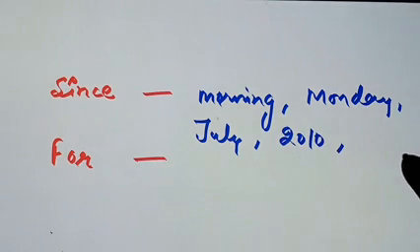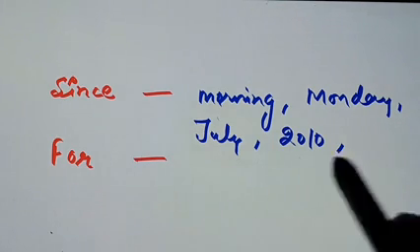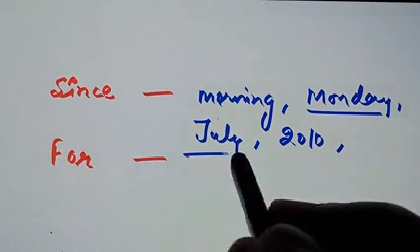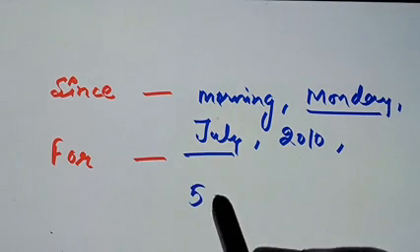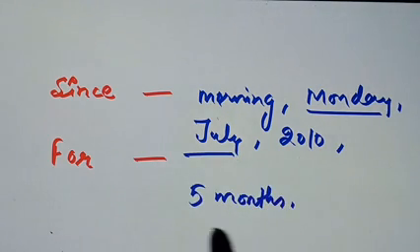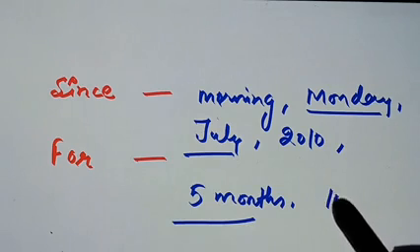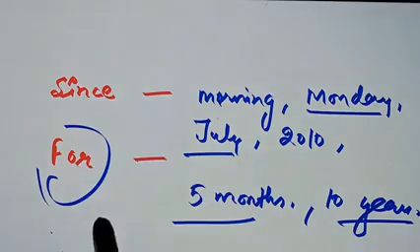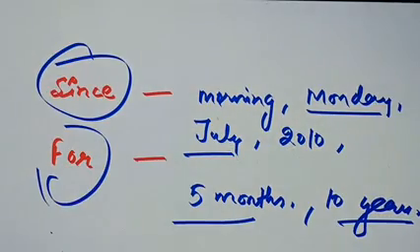These, morning, evening, are fixed starting points, and which are not fixed, these take for. Nowadays, when we don't have a fixed number of days or fixed number of months, or we say 5 months, we don't know which is the first month, when it started, when it will end, and talking about 10 years, so these are not fixed. So in such cases we will use for, otherwise we will use since. So that's all for the uses of past tense. Thank you.